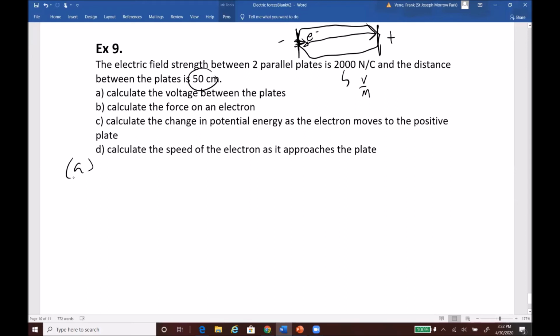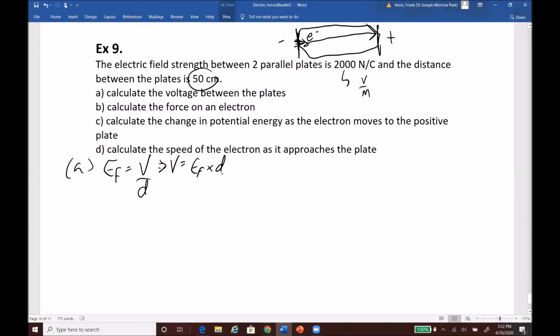So in A, we have the voltage between the two plates. Remember, the electric field can be defined also as voltage per distance. So we could say that the voltage is the electric field times the distance.